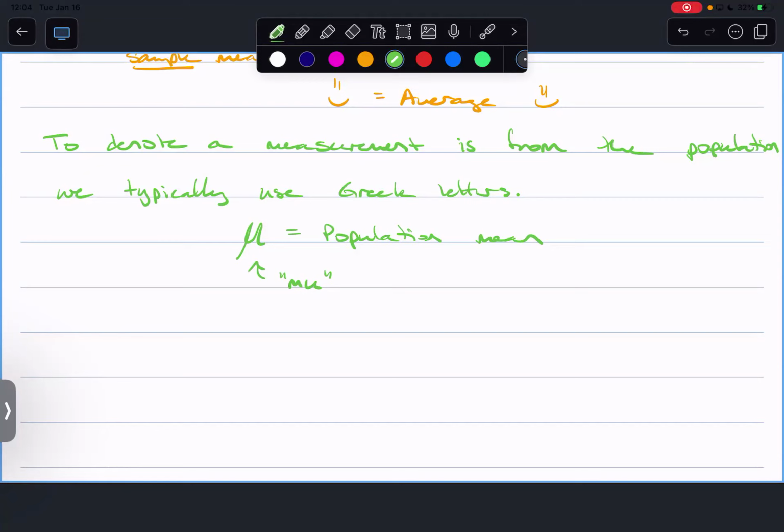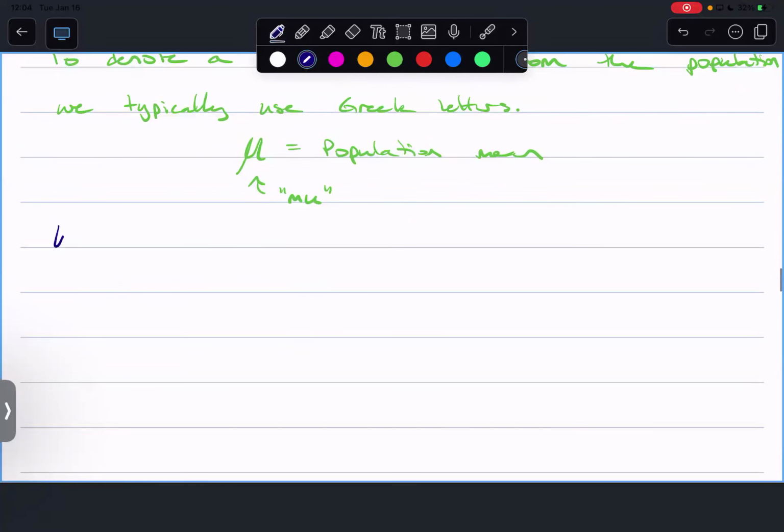So if we rephrase what we're trying to do with statistics in terms of the mean, for example, I use X bar, the sample mean, to try to learn about mu, the population mean.